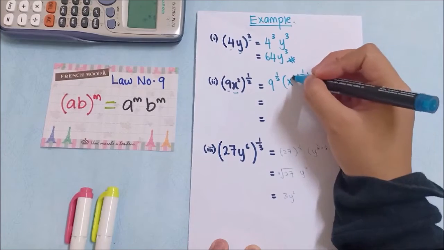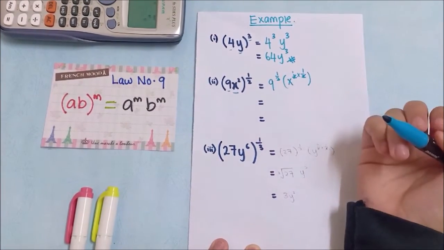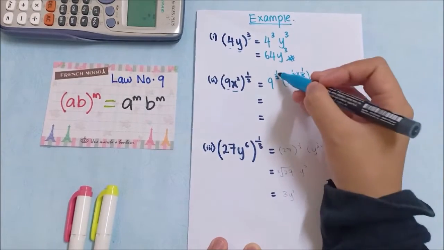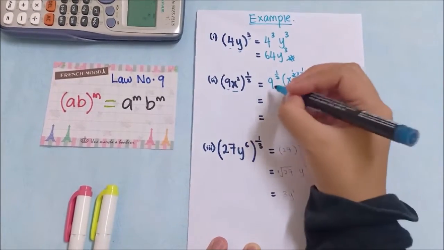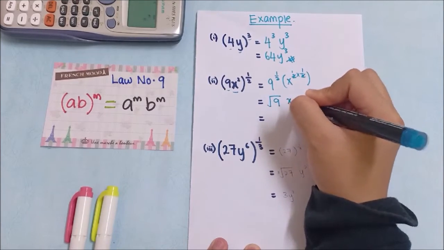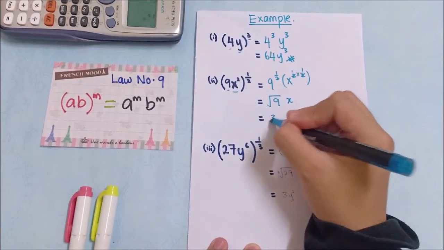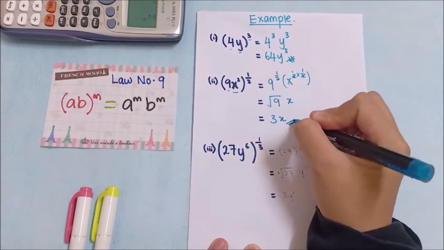So 2 and 2 can be cancelled and this one will be 1. For 9 to the power of 1 over 2, as I said just now, 1 over 2 is the same as the square root. So we change it to the square root of 9 times x. So the square root of 9 will give 3. So this is the final answer.